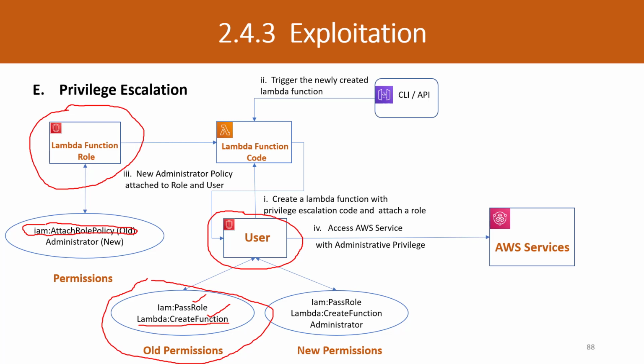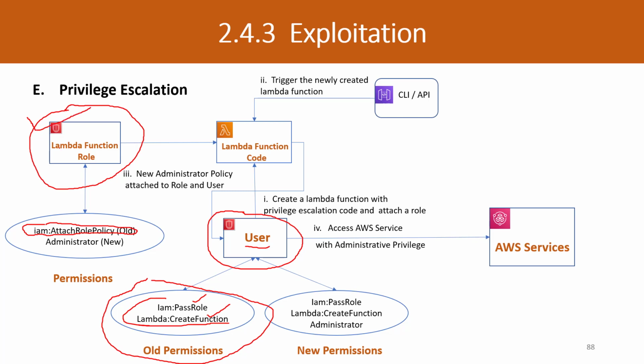to any role. So basically, we have a user which we have compromised. We have access to this user, which is a least-privileged user, because this user has only two permissions: one is that this user can pass the role, and the other is that this user can create functions. While creating the function, this user can pass the role, but which role can they pass? A role which should exist in the AWS account.